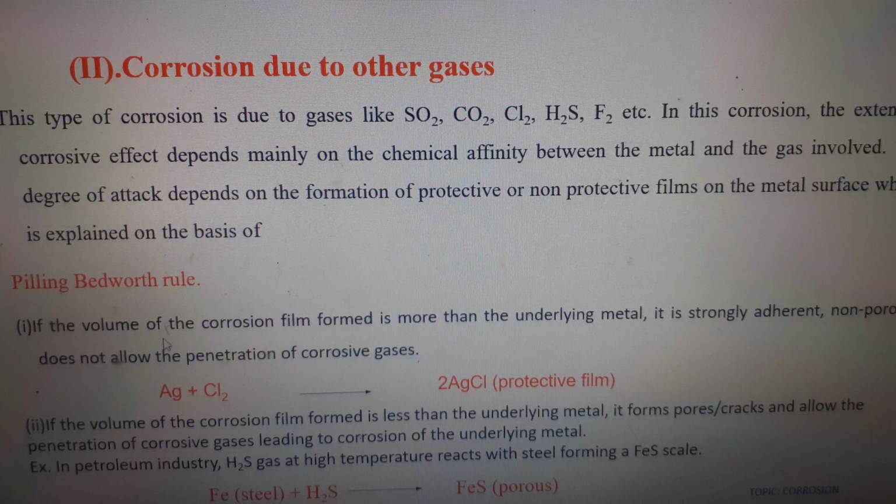So this is how he explained that on the basis of volume you can decide whether the corrosion will further take place or stop at one place. So if the volume is more, then it will protect it, and if the volume of the layer formed is less, then further corrosion will take place.